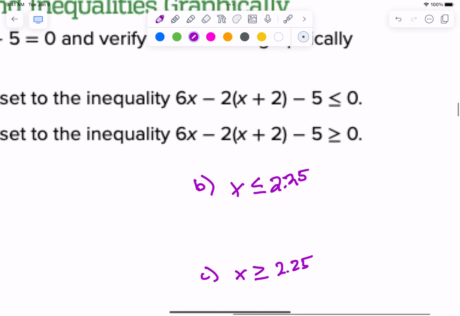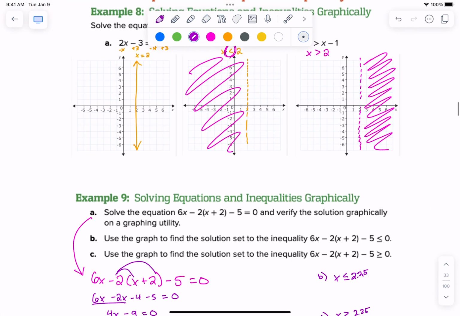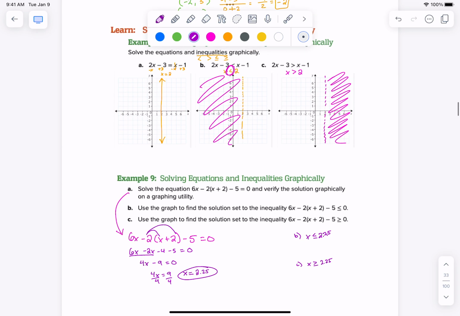Now, let's talk about this for just a second. Up here, we had these graphs, and we graphed a solid line and then shaded left or right. If there's only one variable, you can graph them on a number line instead, because we don't really have a second axis. We don't need the y-axis. We could just graph it with an x.